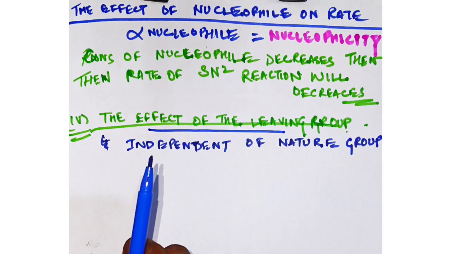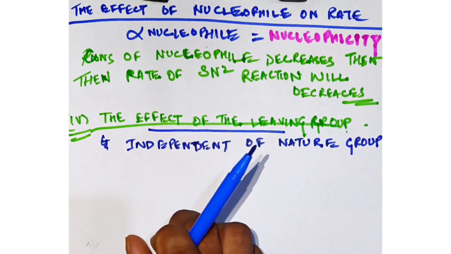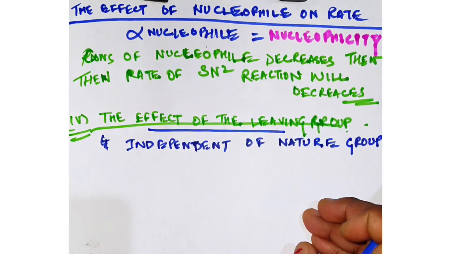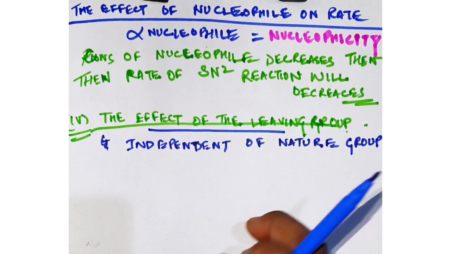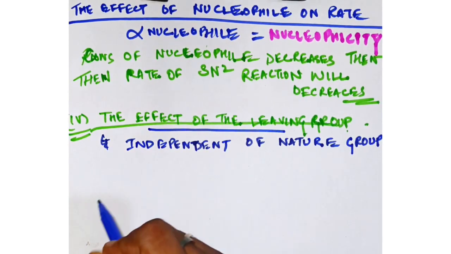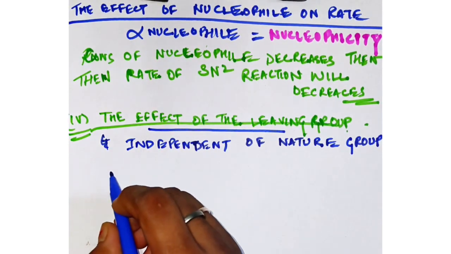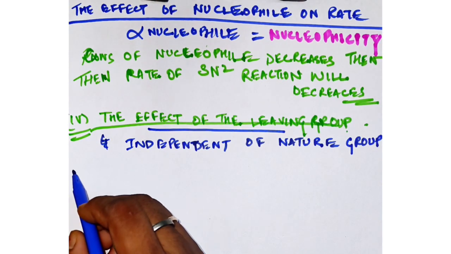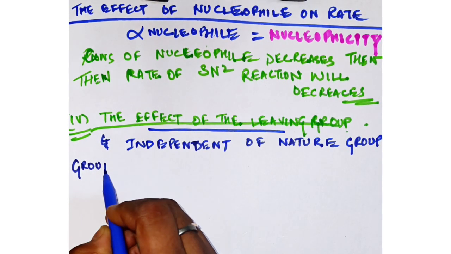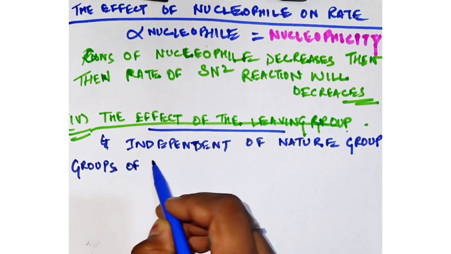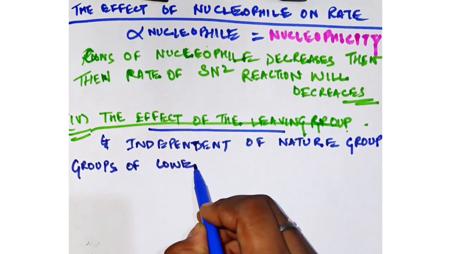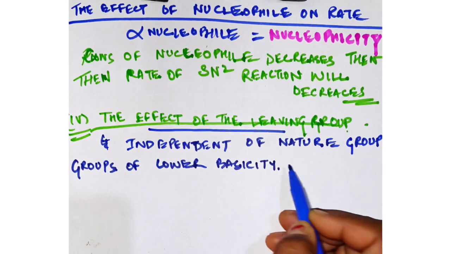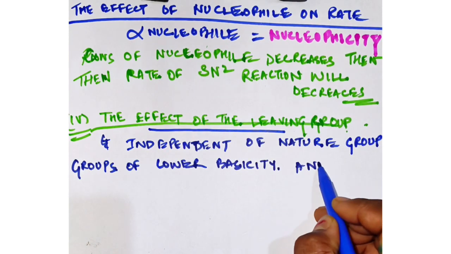And in SN1, it depended on the rate of formation of carbocation. That means the faster the leaving group goes, the faster the formation of carbocation. So there it depended, but here it is independent of the nature of the group. Okay, so you can write it down: groups of lower basicity, meaning good nucleophile, and high polarizability.